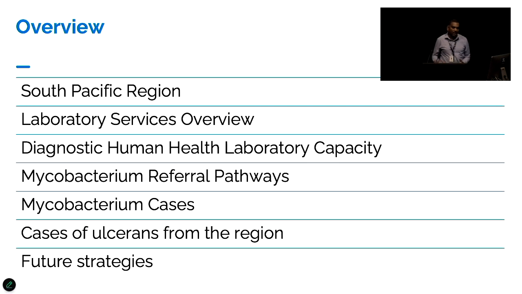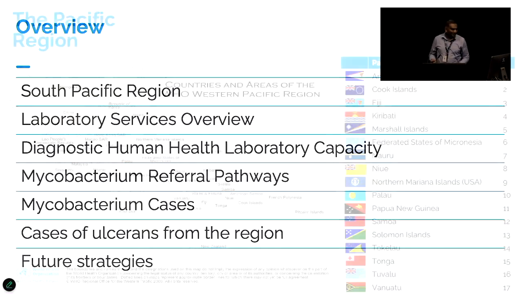A diagnostic human health laboratory capacity summary as well, some Mycobacterium referral pathways, some of the Mycobacterium cases, as well as some cases of ulcerans from PNG, and some future strategies that we can employ from our reference laboratory to support PNG and others in the region.